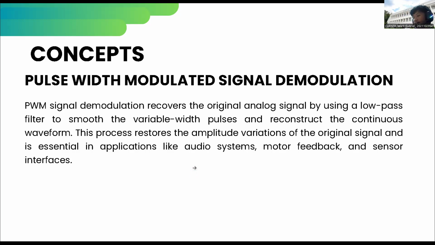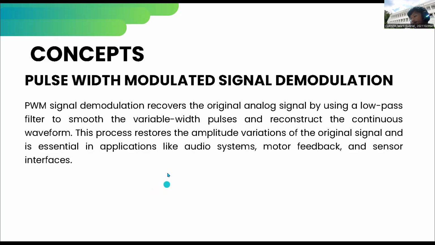By extracting the average value of the PWM signal, the demodulator restores the amplitude variation of the original modulating waveform. This method is essential in applications wherein PWM is used for communication or control, such as in audio systems, motor feedback, and sensor interfaces.